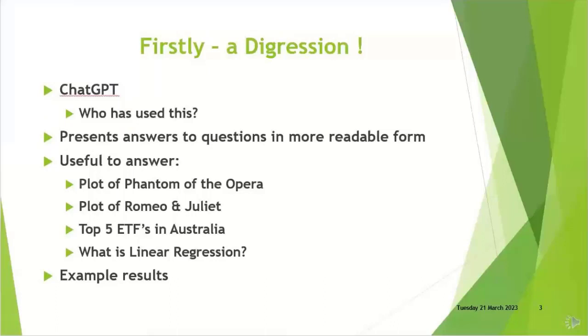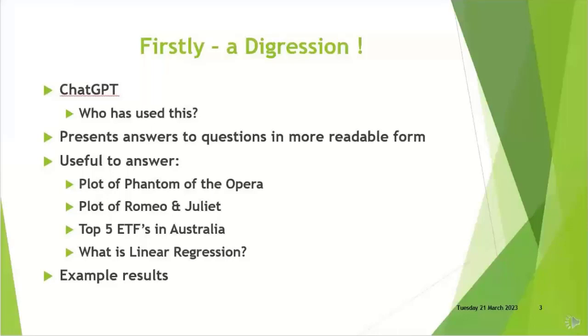You may be aware of a piece of software called ChatGPT, and there are others. ChatGPT was probably the first one which came to people's notice, and it's basically Google on AI steroids. So you ask ChatGPT a question, and it gives you an answer.